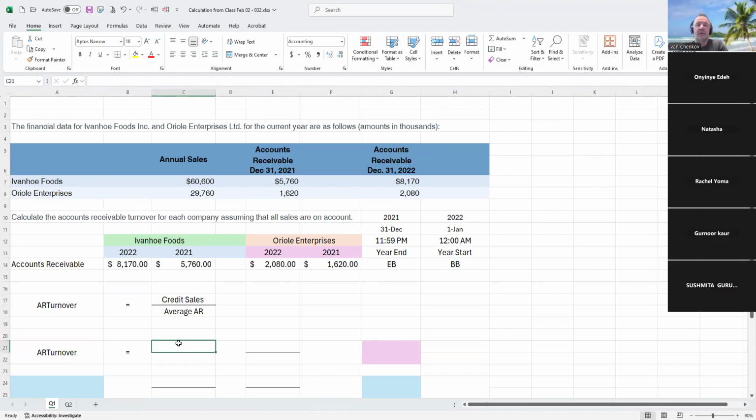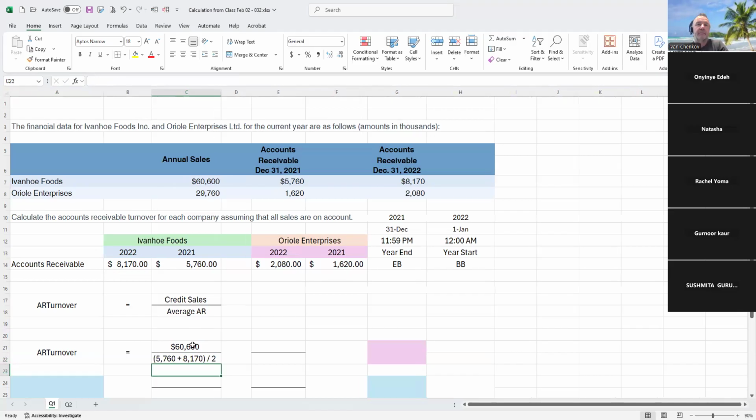So my numerator will be directly the annual sales. What will be my denominator now? That will be the beginning balance, 5760, plus the ending balance, 8,170, divided by 2. Correct? 6965. Right?